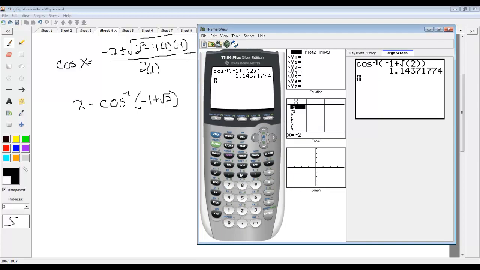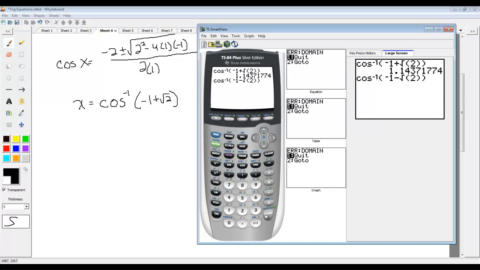Now let's go ahead and do inverse cosine also of negative 1 minus square root of 2. Uh-oh. We can't do that one.